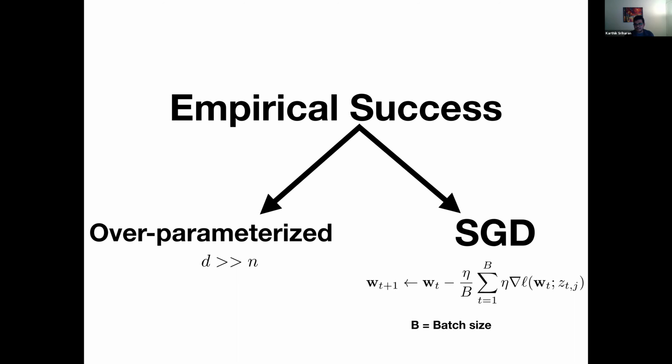And the simple version, so there's a batch size with a capital B, which is basically the number of examples you take at a time. Sorry, there's an extra eta there, which should not be. There's only a single eta in the equation. So the idea is that you take the average of the gradients with respect to the small batch that you take. And the question that we want to ask is, in terms of this batch size, how does performance vary and when does stochastic gradient descent work?